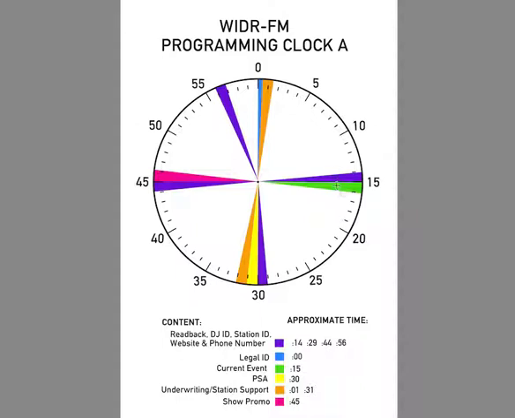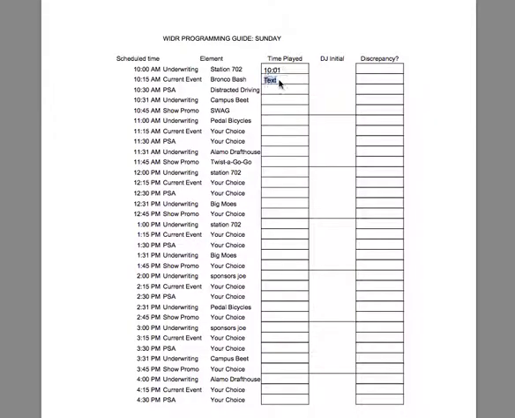We don't expect you to get the other spots right on the dot. If you're off by a couple of minutes with your imaging, that's all right. Just make sure you record it the way it was played. It's very important that these records match our records, so that we know that as a DJ you're reliable.